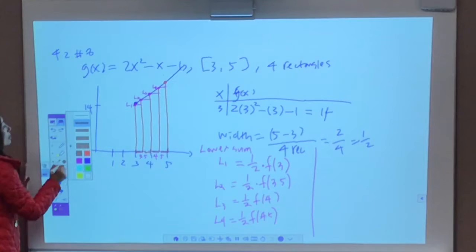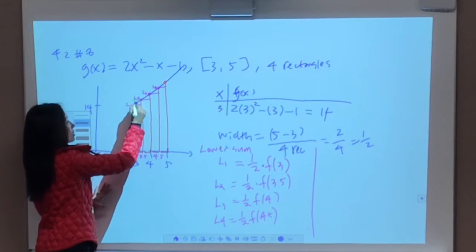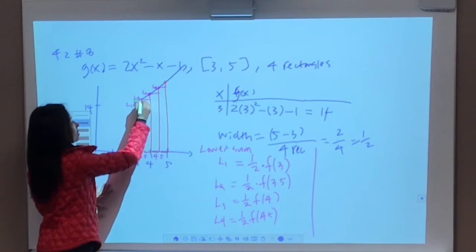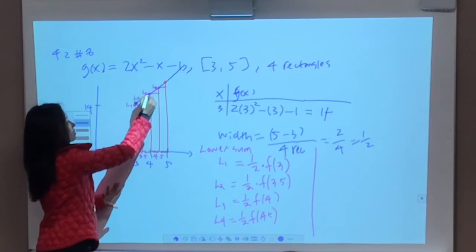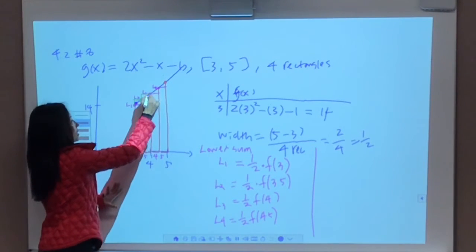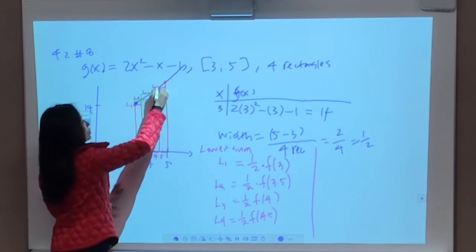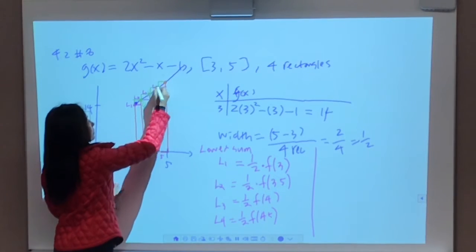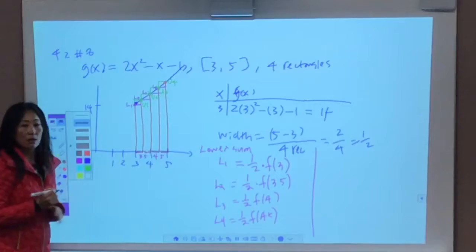I'm gonna use green. Upper sum means I'm using this. So upper sum starts right here. What's the next one? Second one here. So upper 1, upper 2, upper 3, and upper 4.